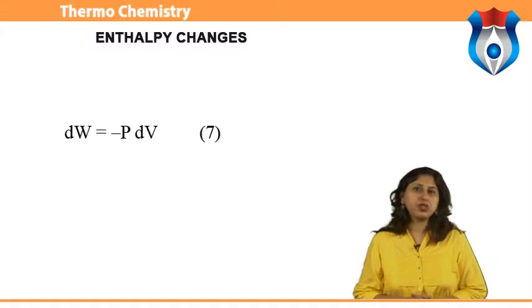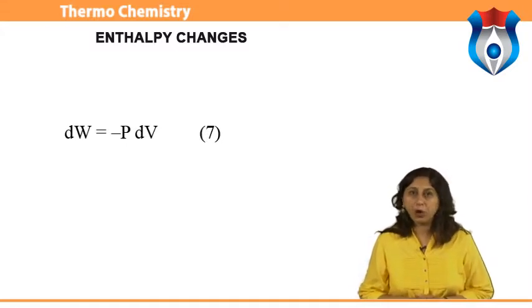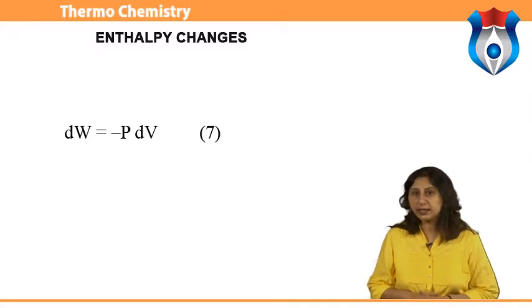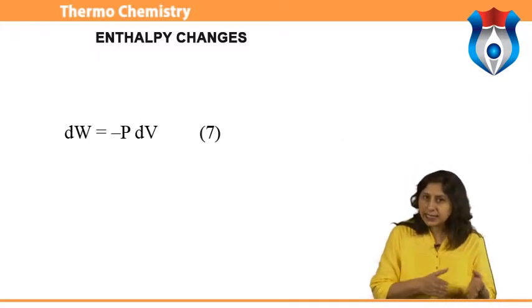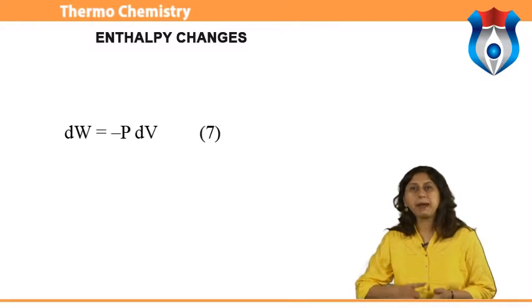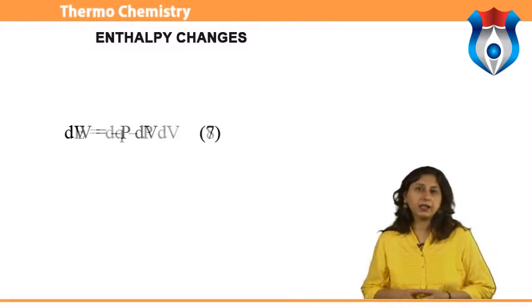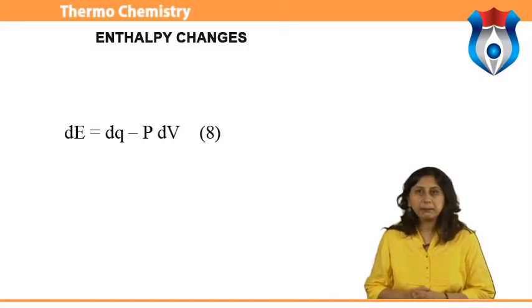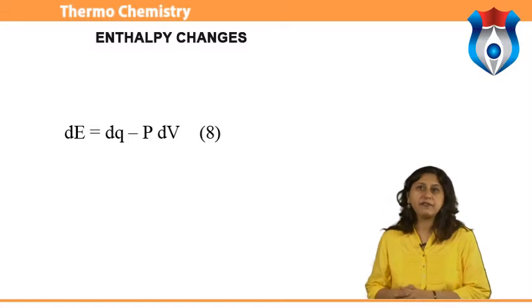If only expansion work, that is pressure-volume work, the work arising from a change in volume, is considered, then one can write dW is equal to minus P dV. So equation 5 can be written as dE is equal to dQ minus P dV.